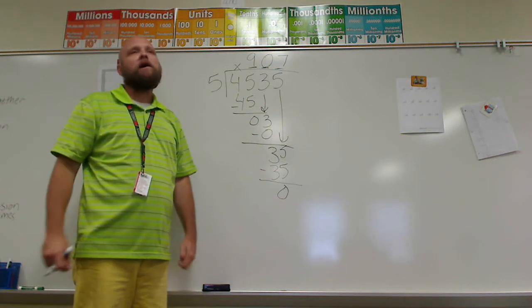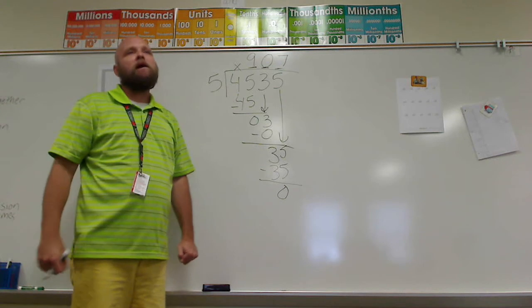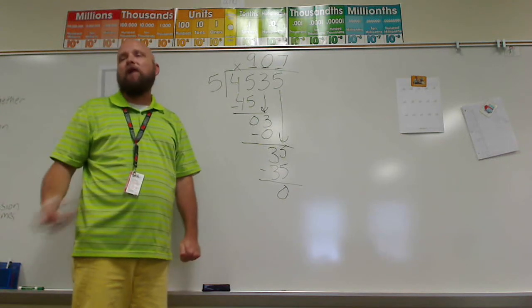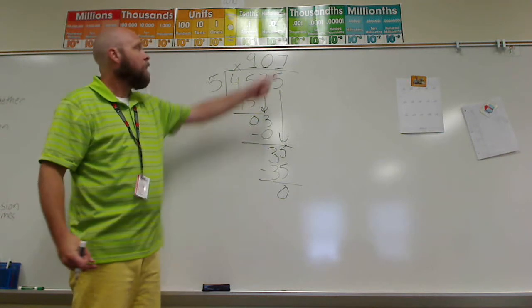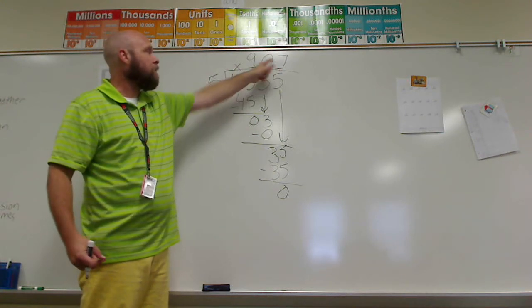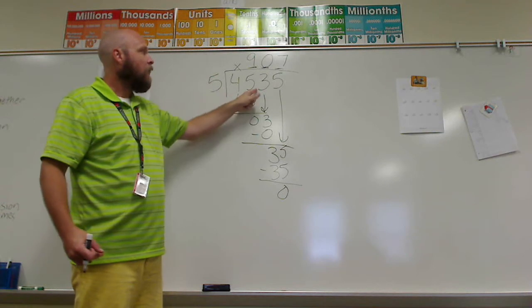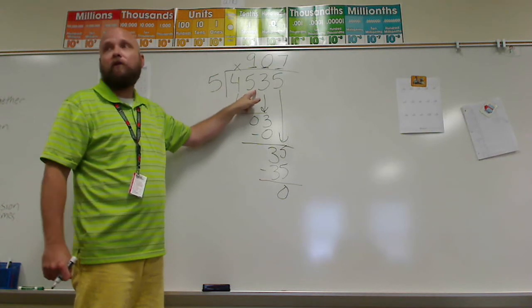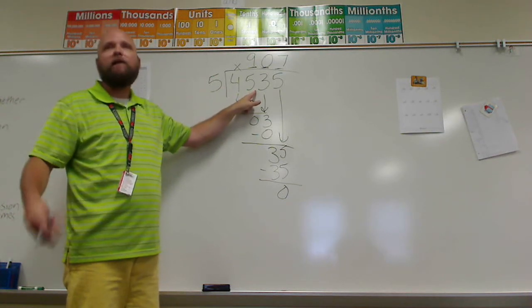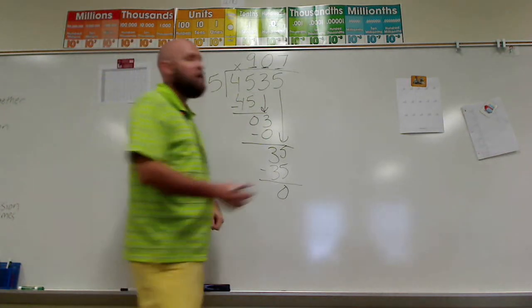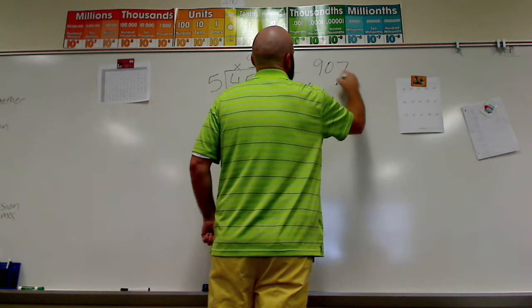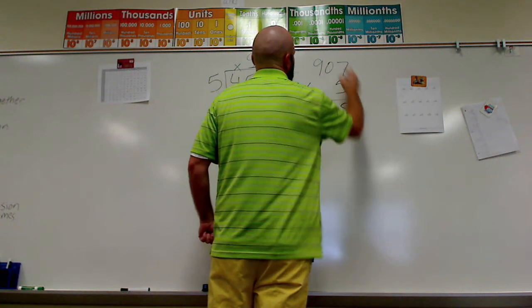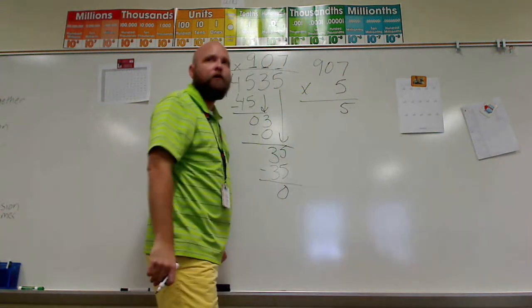Because I want to get this right, because I care about my grade, because I want my mommy to buy me a popsicle, I'm going to check my answer with multiplication. If I multiply 907 by 5, my product should be 4,535, if I did it correctly. So let's try that. Seven times 5 is 35.